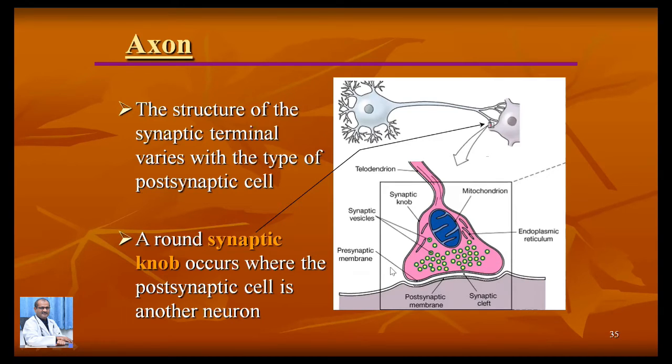This is the presynaptic membrane, whereas this is the postsynaptic membrane. The postsynapse may directly be an effector cell like smooth or skeletal muscle, or it may be another neuron. This is the synaptic cleft, where the neurotransmitters are secreted.